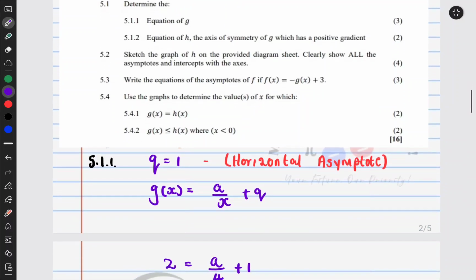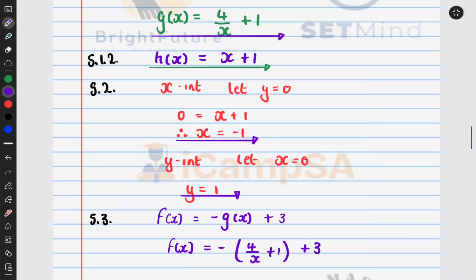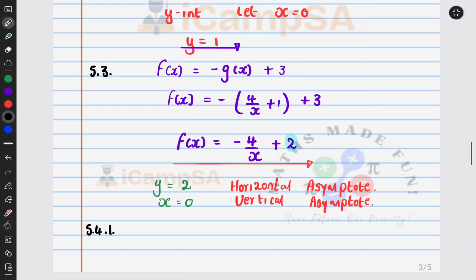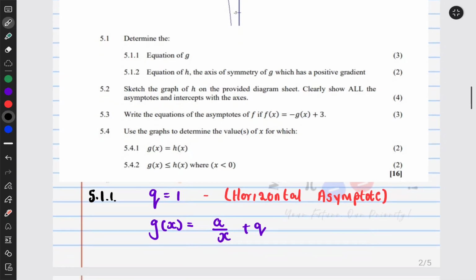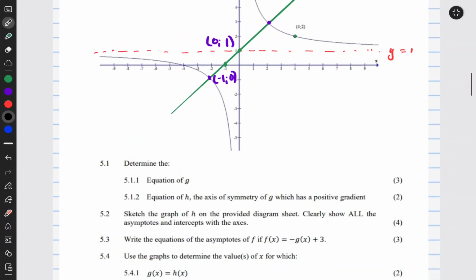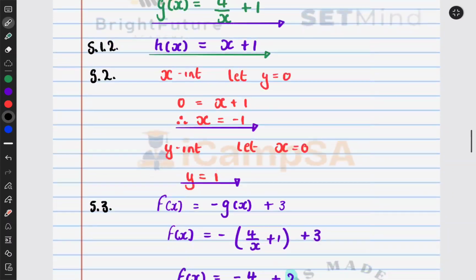but if we were to calculate this one, we'll just equate the two equations and then solve for x. So for 5.4.1, where x is equal to, we just take -2 and 2.